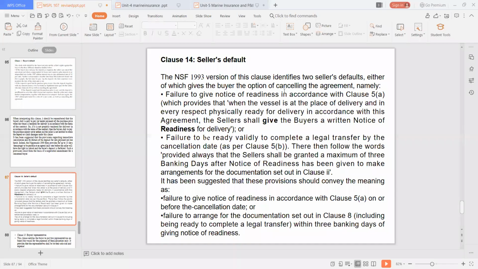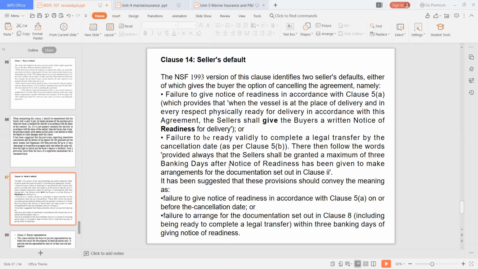The option of cancelling the agreement, namely failure to give notice of readiness in accordance with clause 5A. Okay, which provides that when the vessel is at the place of delivery and in every respect physically ready for delivery in accordance with this agreement, the seller shall give the buyers a written notice of readiness for delivery or failure to be ready validly to complete the legal transfer by the cancellation date as per clause 5B.